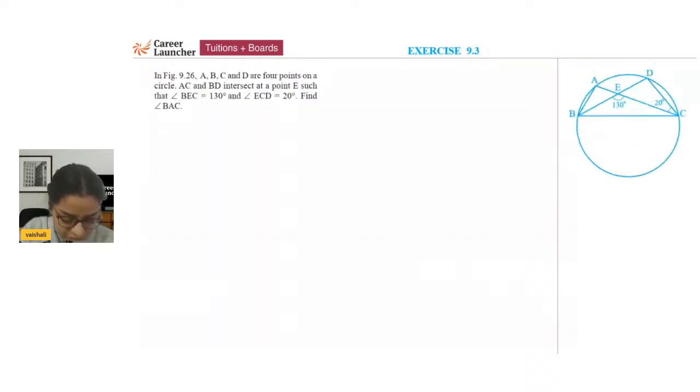Right? Now the next question is, in the figure 9.26, you are given ABCD are the 4 points lying on the circle. AC and BD intersect at E, and the angles are given to you, which are BEC and ECD, and we need to find the angle BAC, this one that you're looking at.